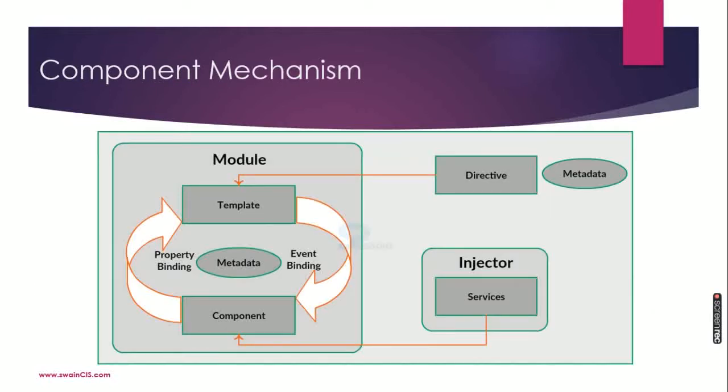Now let's understand the mechanism of a component. Suppose we have a module and we are using a component, and assume this is a login page, or any form page. Before that, let me introduce the injector service. No need to worry right now, we will discuss it in our next videos. Just take a brief introduction. Suppose this is a function which can be shared by multiple modules.